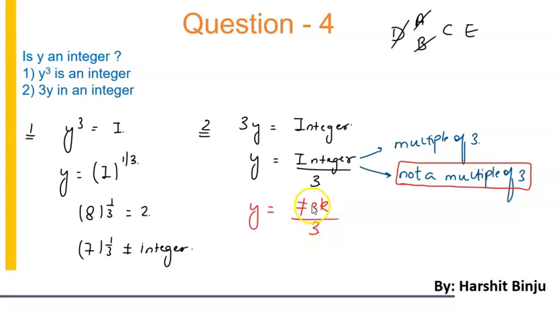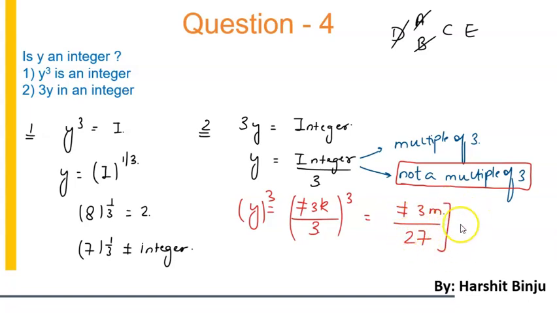Now, if it is something not a multiple of 3 divided by 3, and you cube this entire number, right? Now the numerator is not a multiple of 3, then its cube will also not be a multiple of 3. Let's write it to be some value 3m divided by 27.